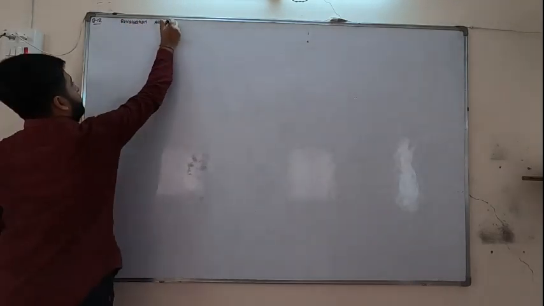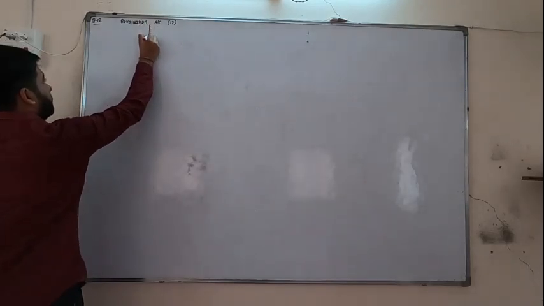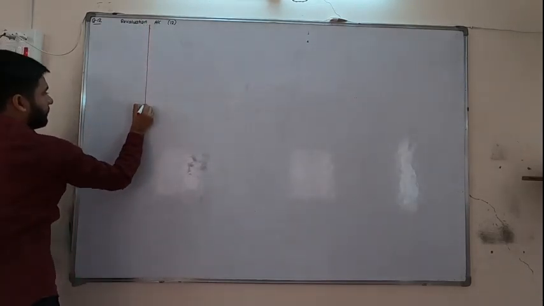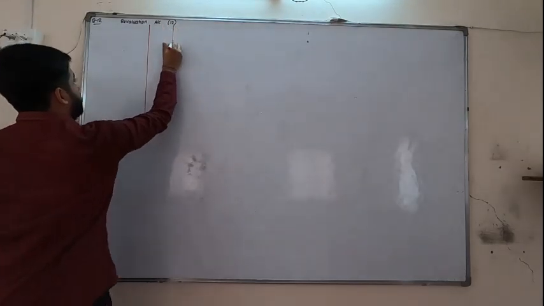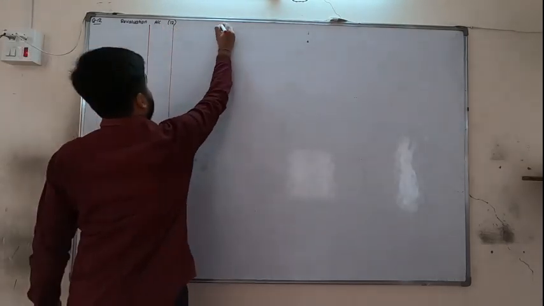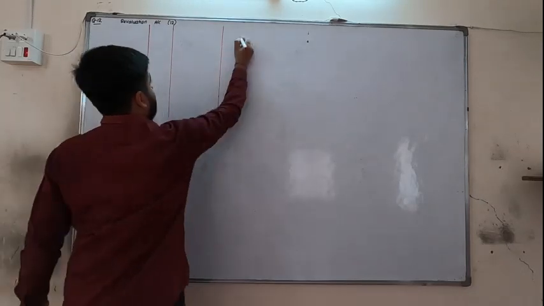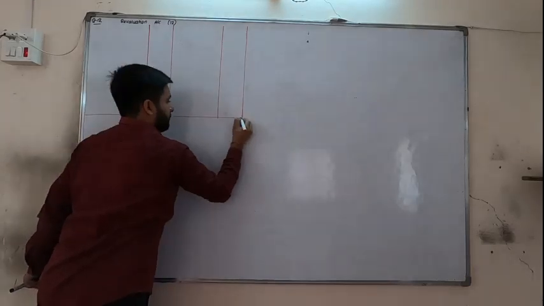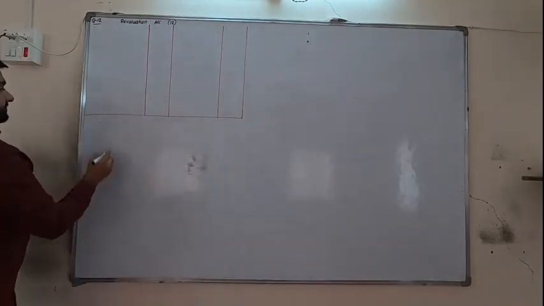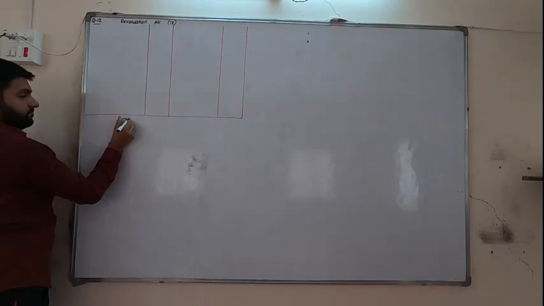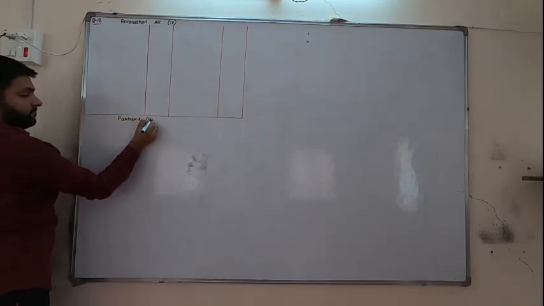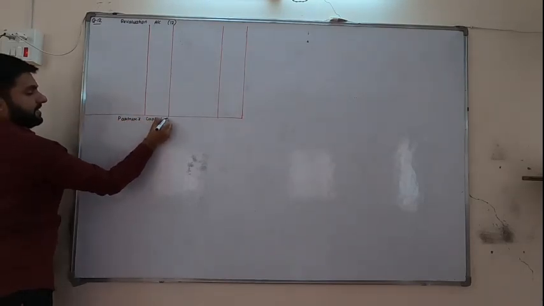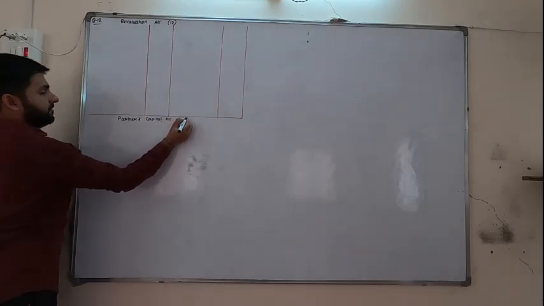Revaluation account, draw for 12 lines. Next is partners capital account, draw for 10 lines.